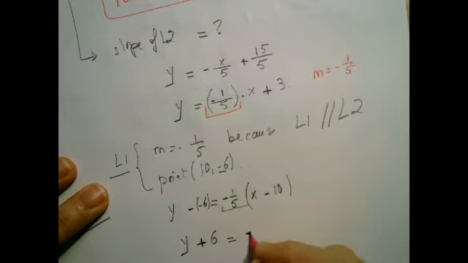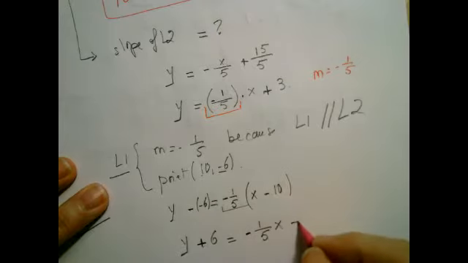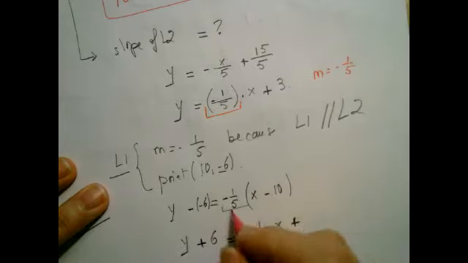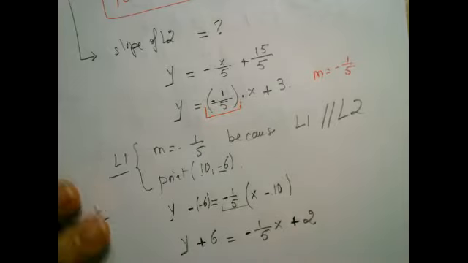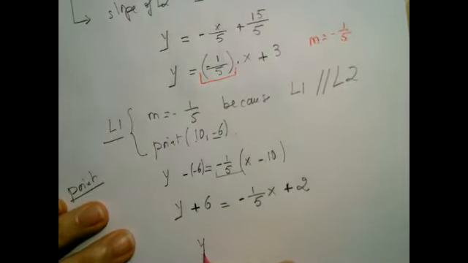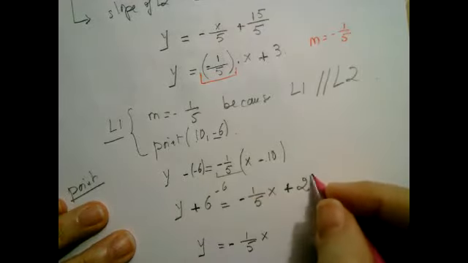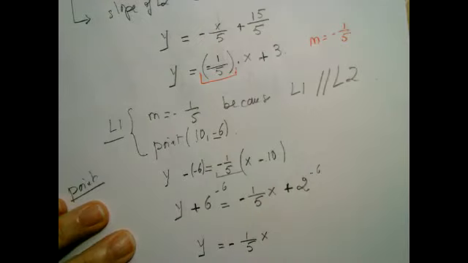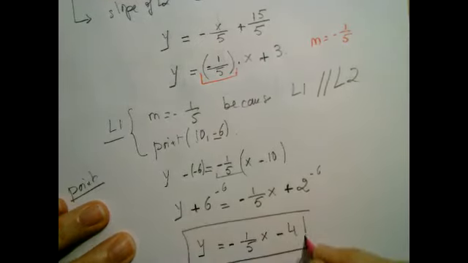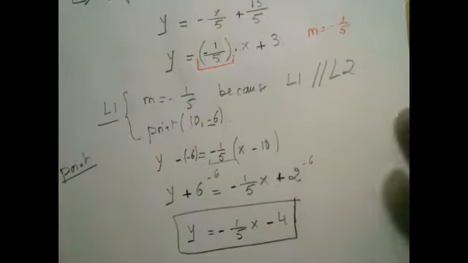I need to distribute minus 1 over 5x, minus minus plus 10 over 5 will give me the 2. And with that, now finally we solve for y. I have to subtract minus 6 both sides, and this would give me minus 4. Okay.